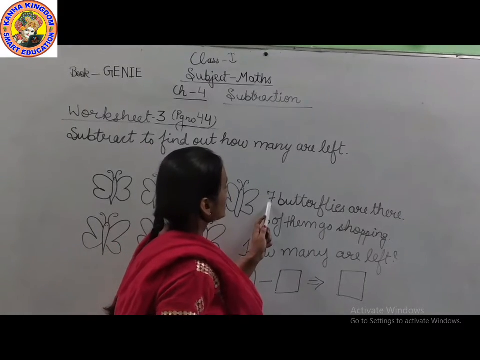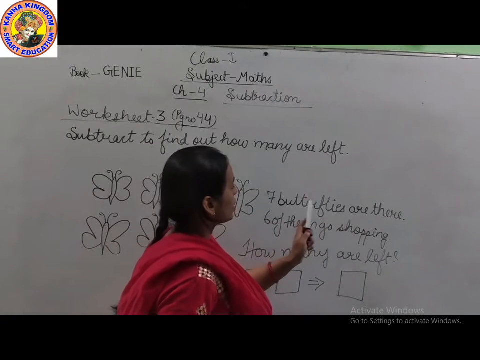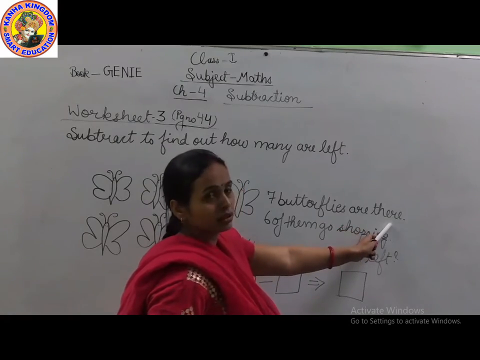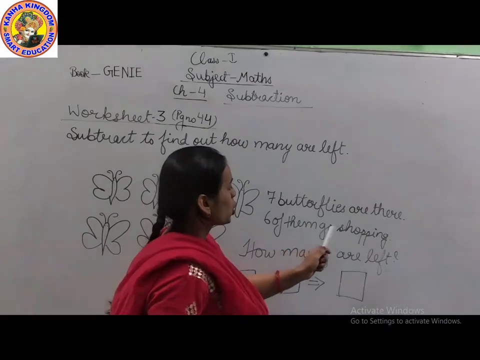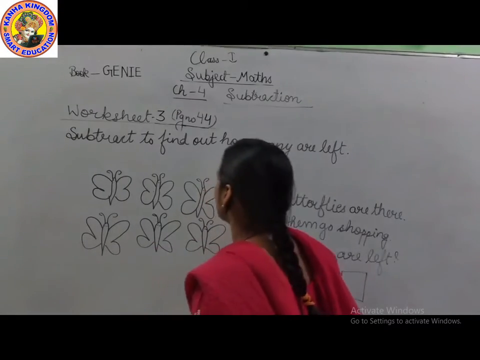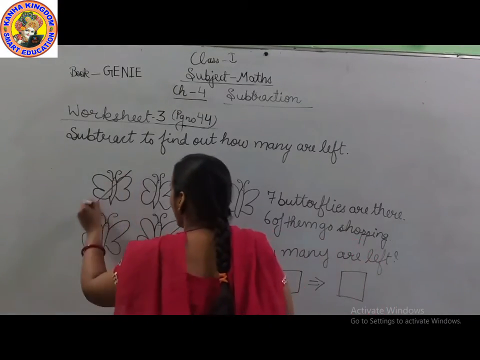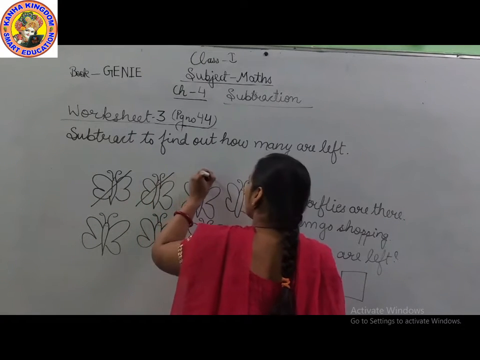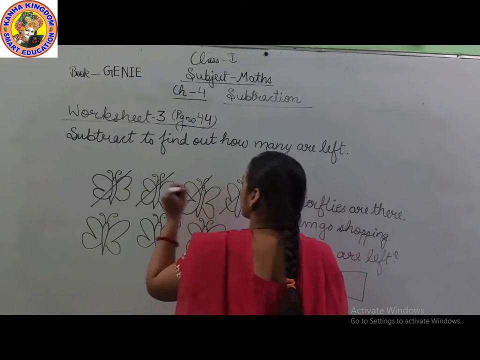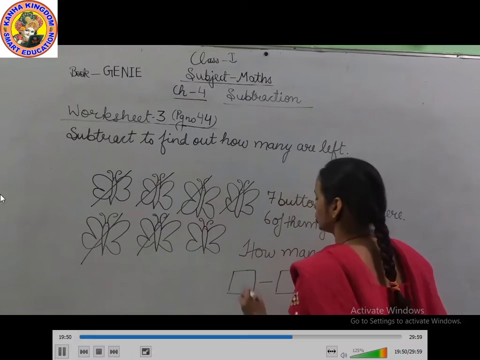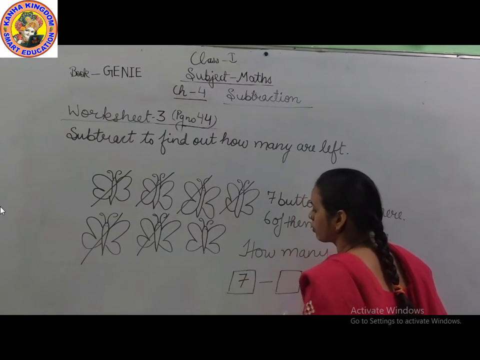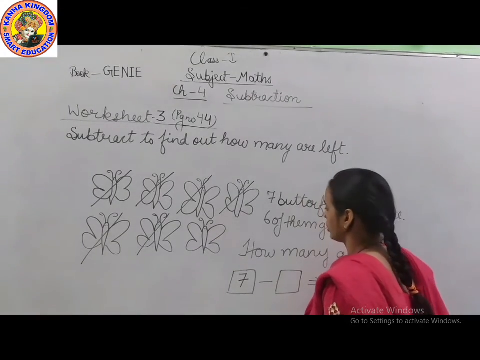7 butterflies are there. In 7, 6 of them go shopping. So 1, 2, 3, 4, 5, 6. So total number of butterflies 7.